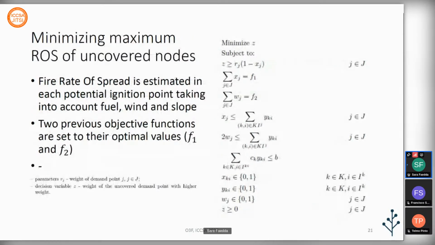The third one takes into account the fire rate of spread. The principle is the same, except that now we want to minimize the maximum fire rate of spread. These are the uncovered points, and this is the maximum rate of spread.